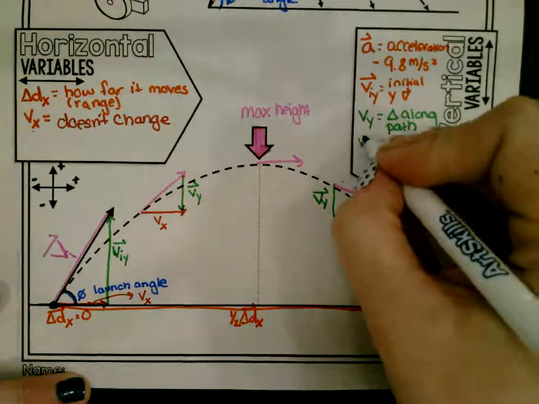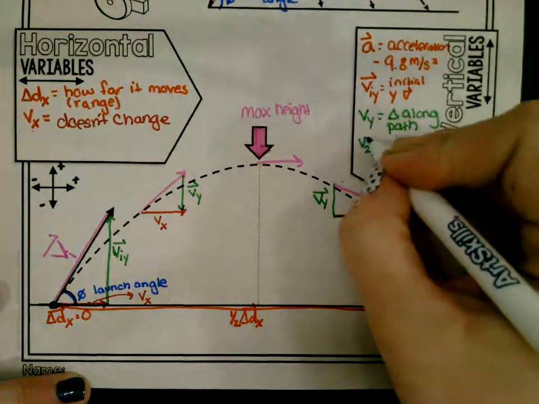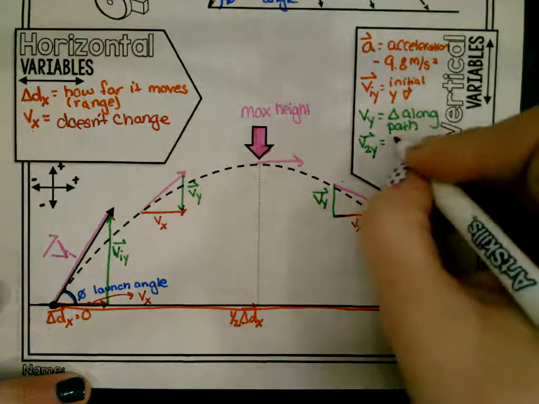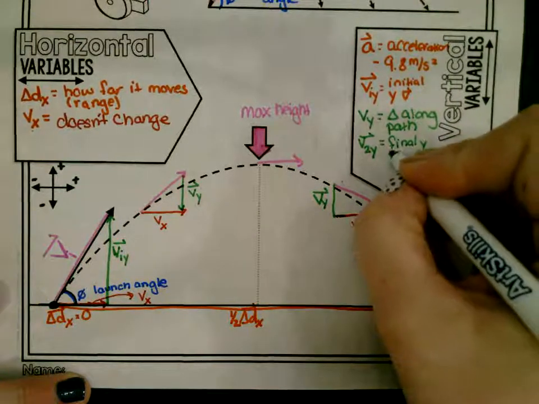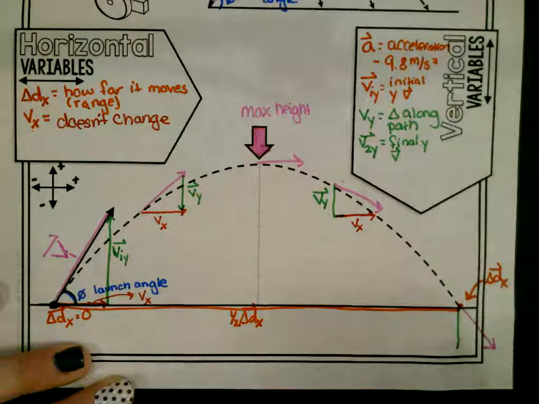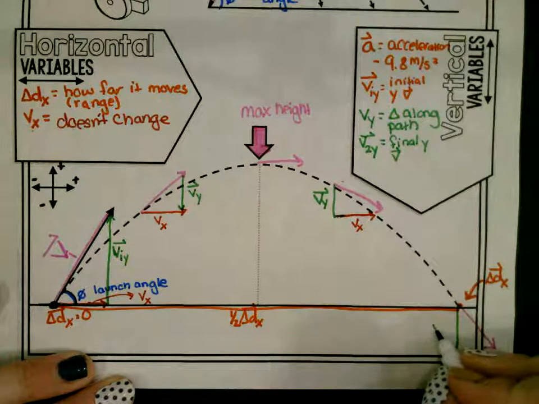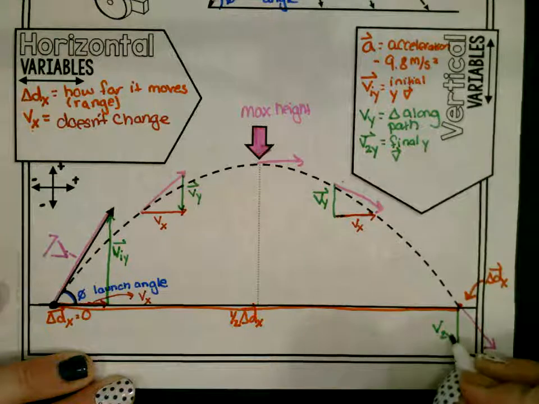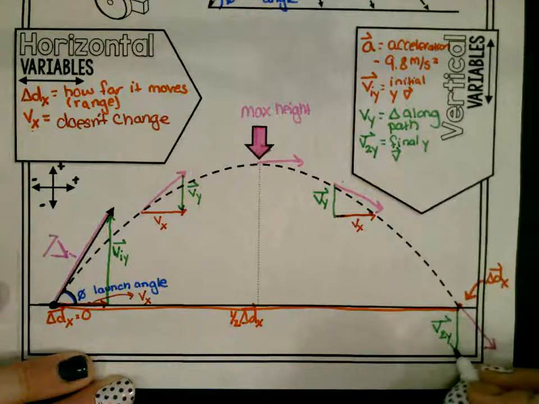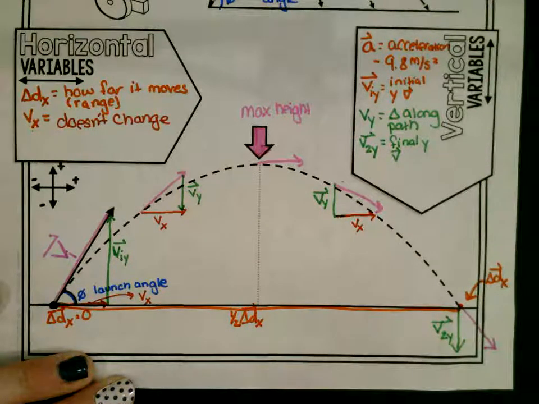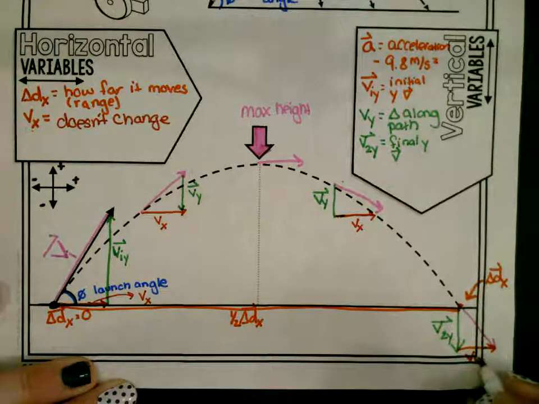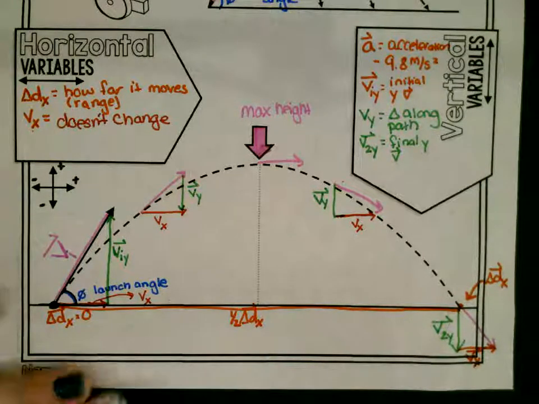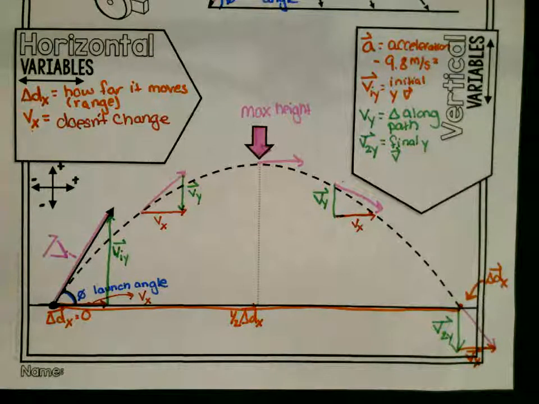And eventually you will get v2y, or your final y velocity. And that's going to be this one at the very end. And it actually is going to extend beneath the ground. Because remember, when something hits the ground, it still has velocity. It's not zero.